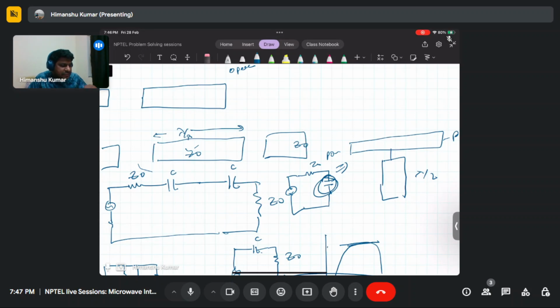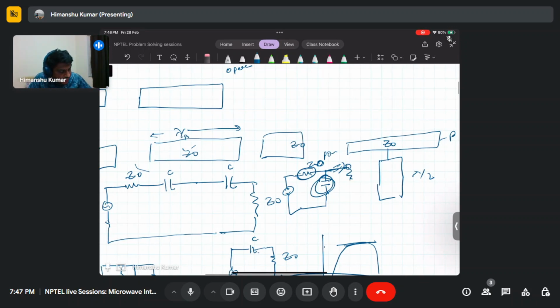Yeah, so that is connecting your port one to port two. You are taking output at this node, all right? So this line is just a Z naught impedance line, and you just want to create a shunt in there. If you connect a next line, here it will be Z naught.